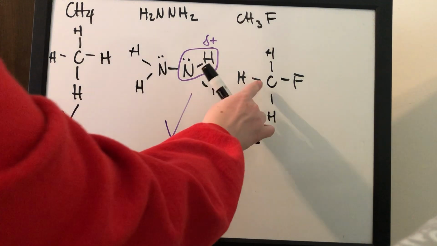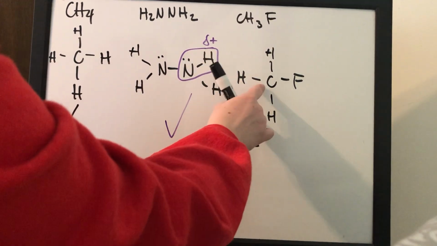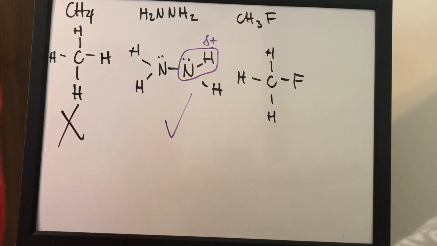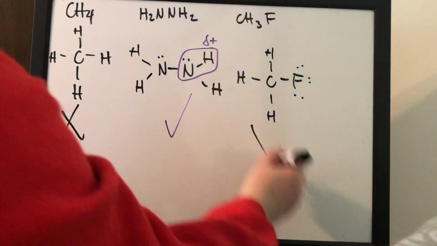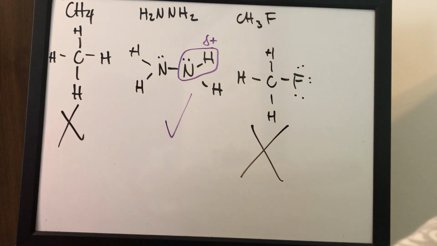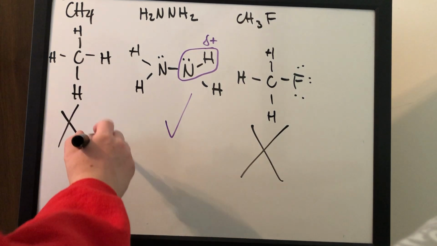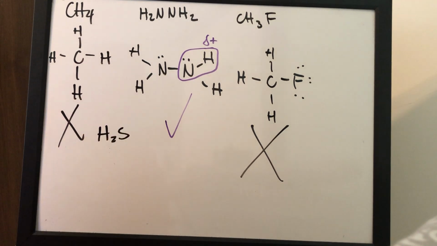Because the C and the H are connected in all 3 circumstances, this is a nonpolar bond. You're not going to get that very huge partial positive that can then be attracted to the F. So this is a no. Okay, although very tricky to get that right.